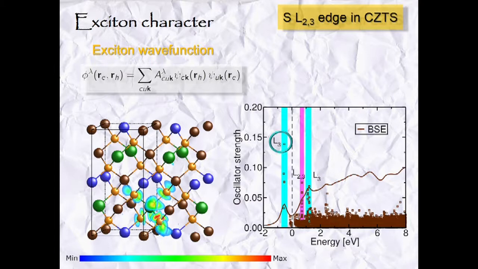Just one more word to the way we compute this exciton wave function. So remember, we have to solve a two-body equation. That means we need to come up with some basis functions for these two-body functions. And what we do is we expand these electron hole pairs in terms of all possible products of initial states and final states that we have from our ground state calculation.